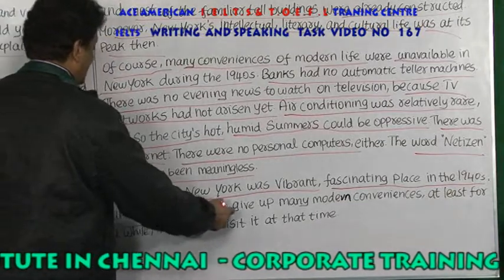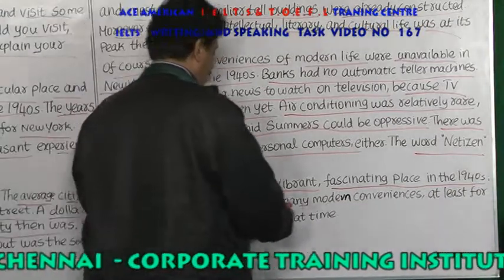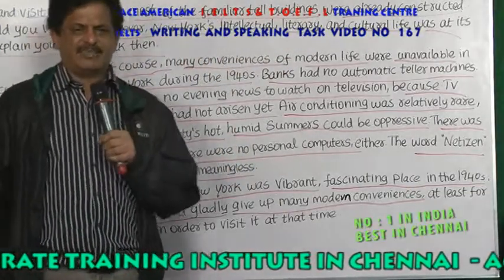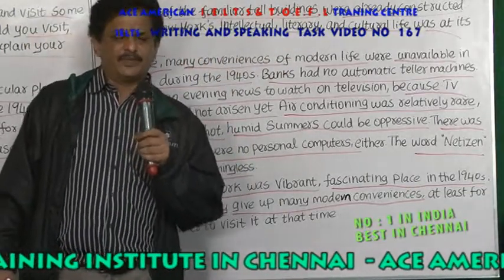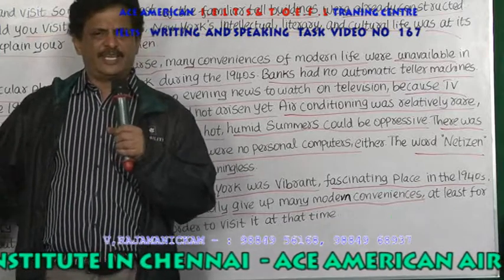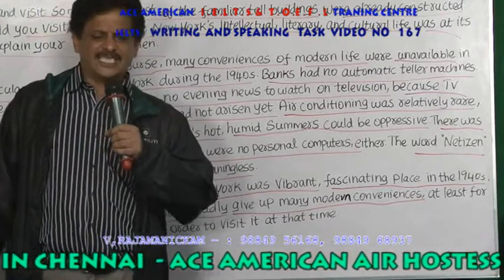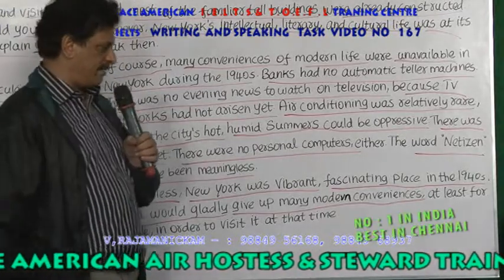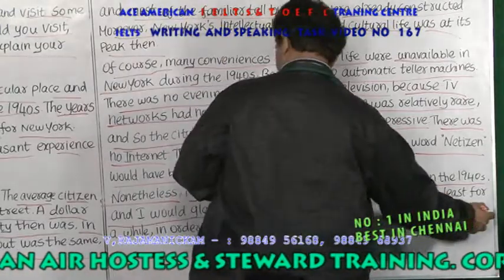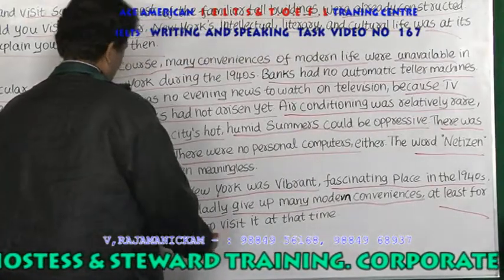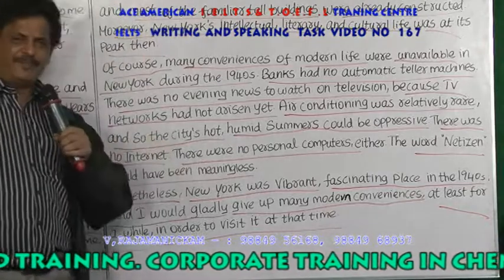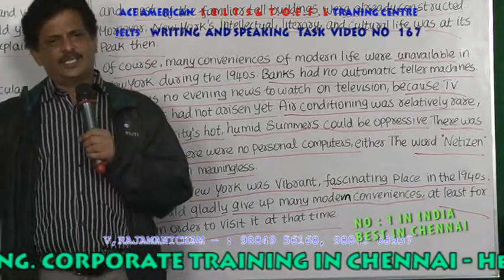And I would gladly give up many modern conveniences. Television is not there. Of course, net is not there. Computers are not there. Still, even if all these modern conveniences are not there, at least for a while, I love to visit the 1940s and 50s in New York.